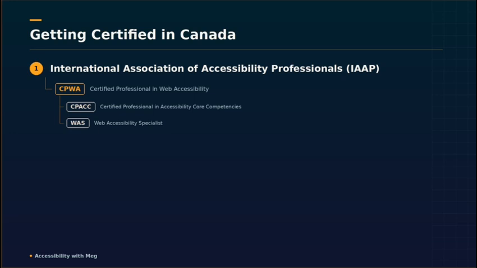You have the CPACC, which is the Certified Professional in Accessibility Core Competencies, which covers the foundational knowledge, and the WAS, which is the Web Accessibility Specialist certification, right? Which focuses on the technical hands-on content. So when you complete both of these exams, the CPACC and the WAS, you become what is called a CPWA, which is Certified Professional in Web Accessibility.